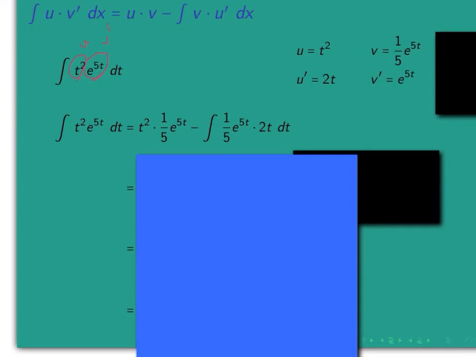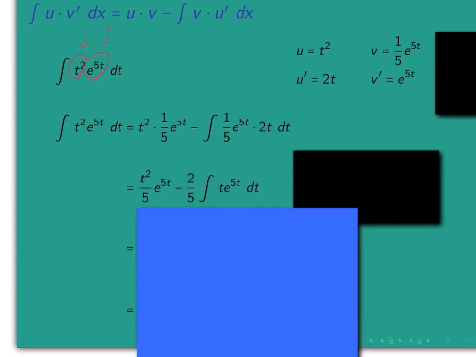So here we have u times v minus the integral of, this is v, and this is u prime. Okay, and just as in the last example, let's straighten up here just a little bit. So in the first term, t squared times 1/5 is t squared over 5.